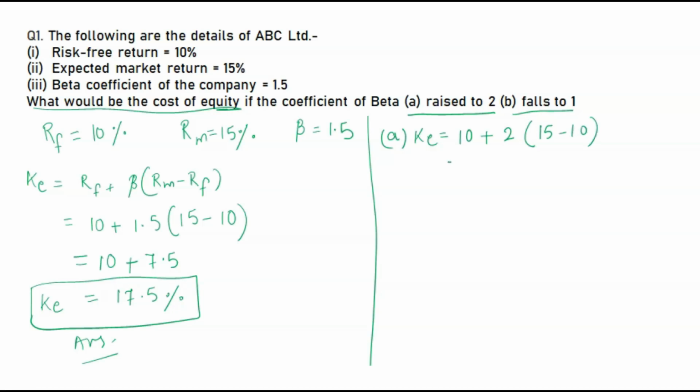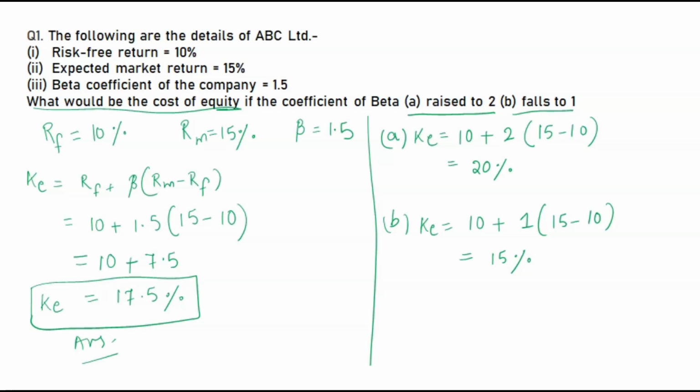Use the calculator, pause the video and find the answer with me. You will get 20%. Now part B, here beta falls to 1, so cost of equity equals RF plus 1 times (RM minus RF). Here you will get 15%, a simple calculation. So we have solved the first and second parts also.